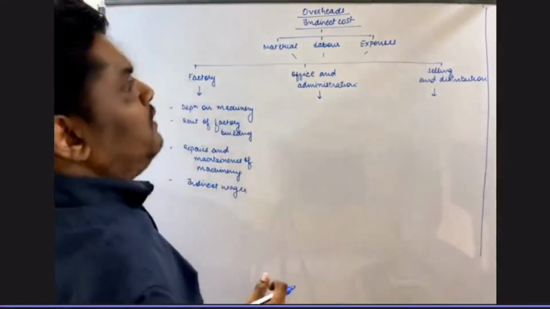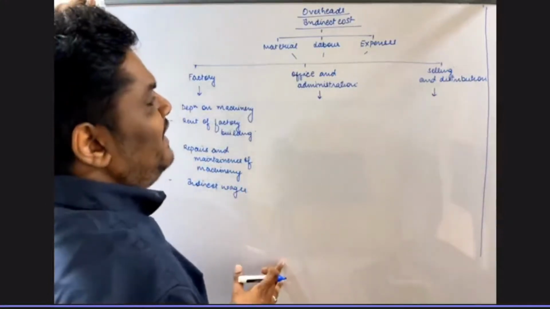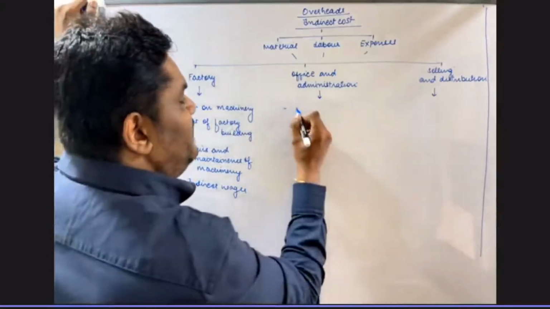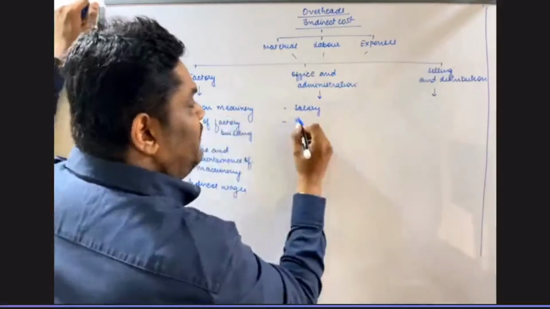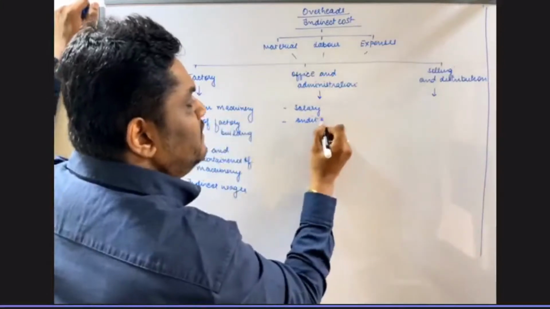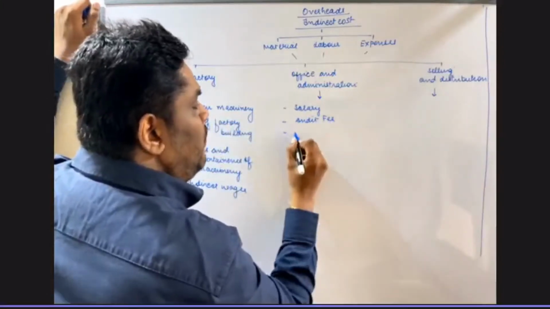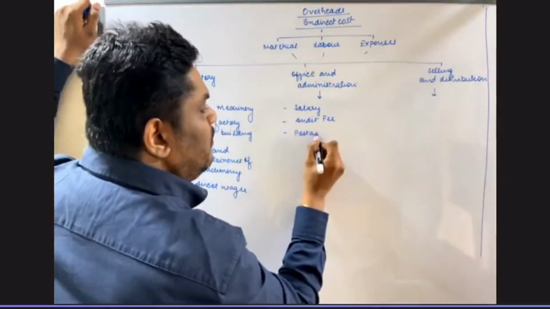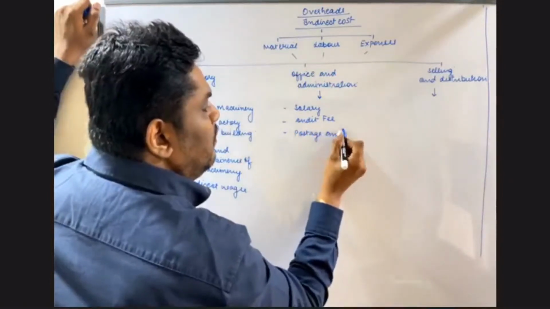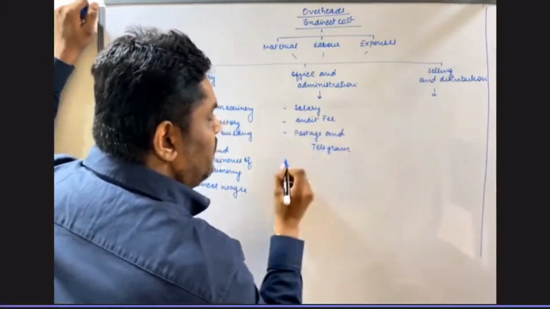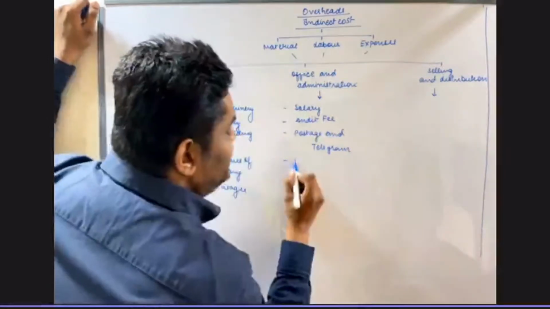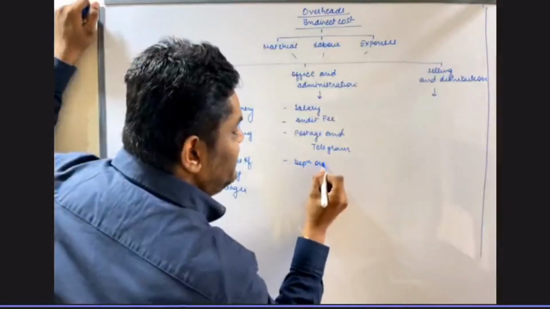When talking about the indirect costs that are incurred at office and administration level, it can be salary paid to accountants. Thereafter, we can say audit fees, postage and telegram, depreciation on office furniture.